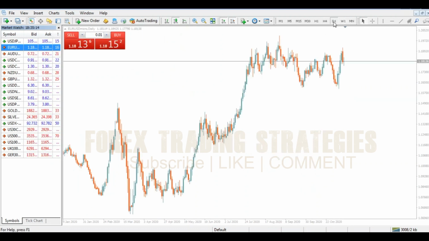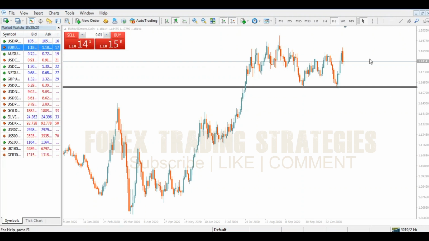So let's go down to the daily. Like I mentioned in the previous video, you are going to rely on the concept of support and resistance. Support and resistance can be horizontal, which is common, or can be a trend line.